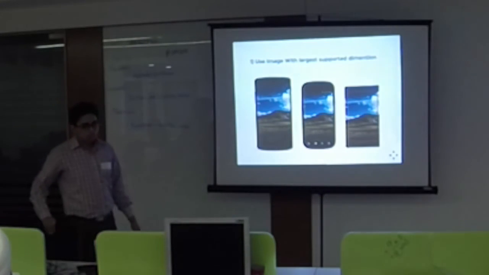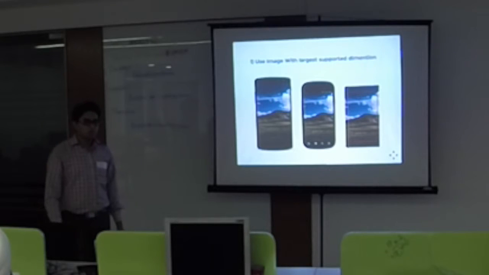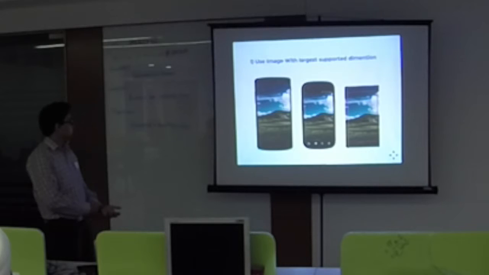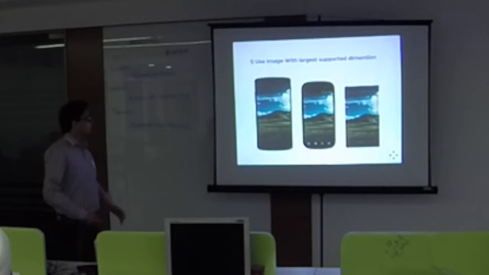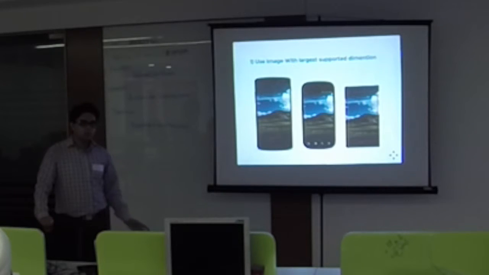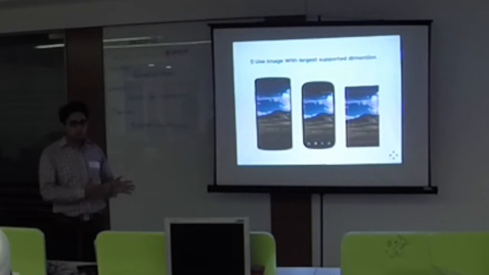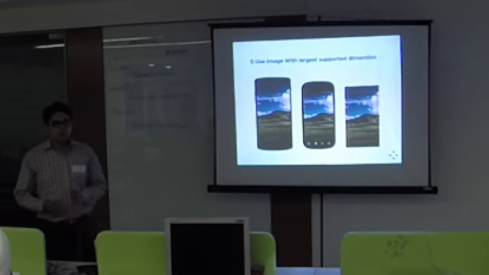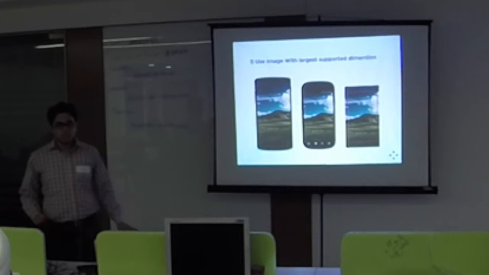So the first approach, we can use image with largest supported dimension. So in this approach, suppose we are supporting the largest dimension of say 1440 by 1920, then we can keep that image in that density bucket and can provide similar degraded images for other density buckets.